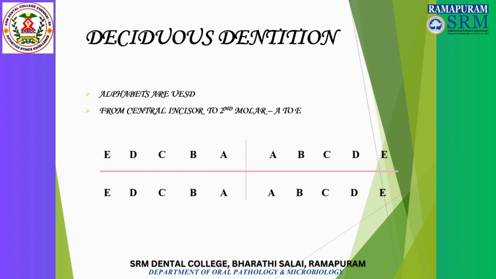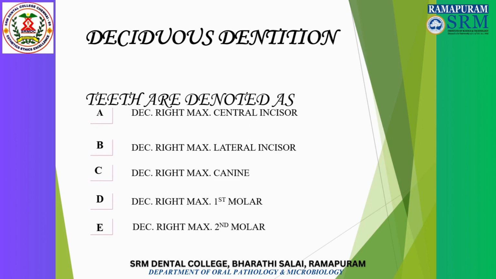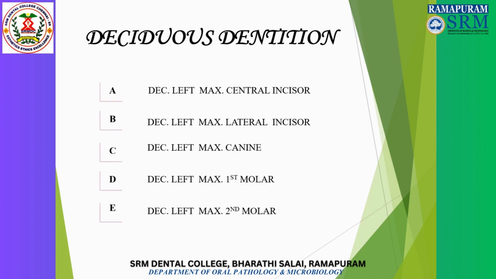So we are just dividing the quadrants and designating alphabets from central incisor to molars. This is just a briefing of the individual numbering of deciduous teeth as per the Zsigmondy-Palmer system.